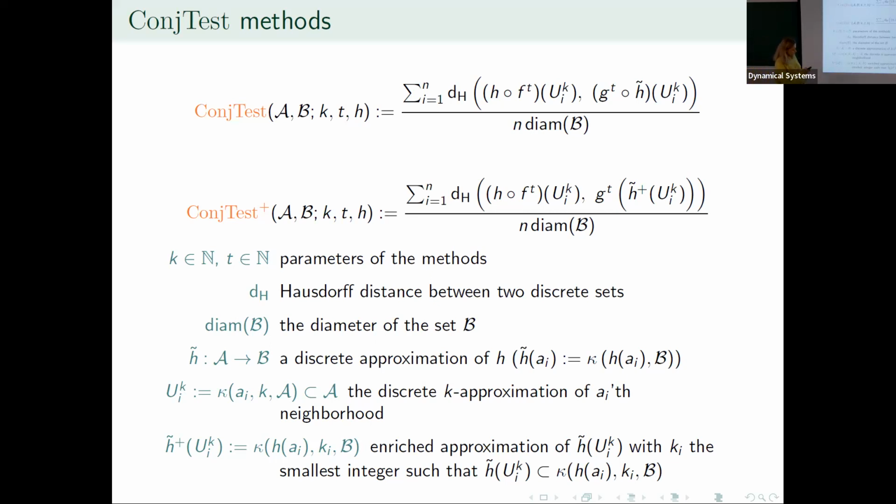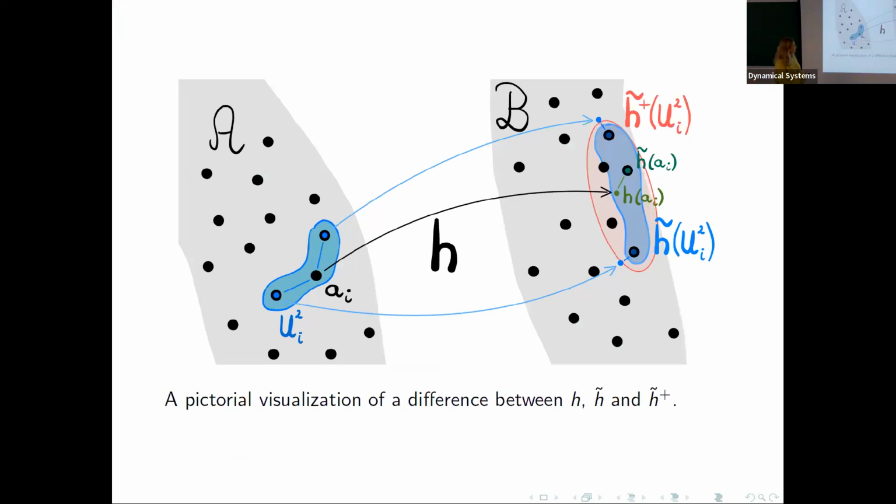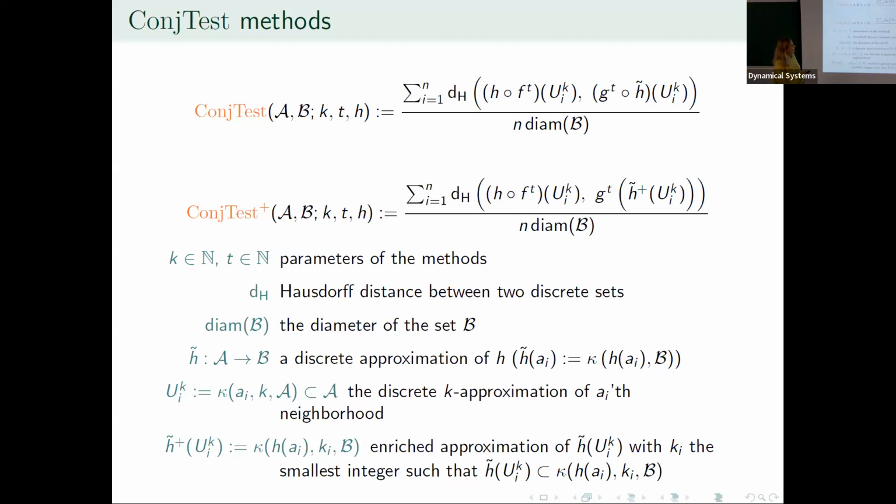So I compute the image of this set under f^t, so I have another point cloud chosen among my A time series, and then I compute its image under function f, and I still stay in this.